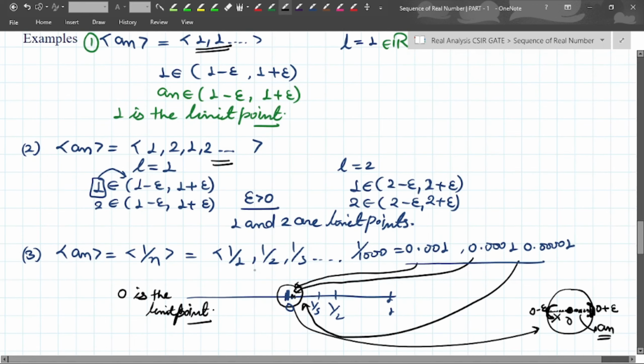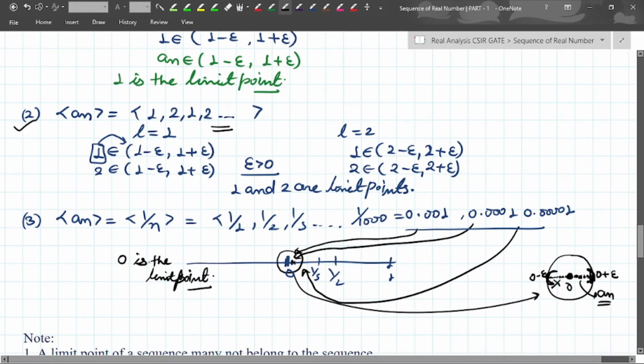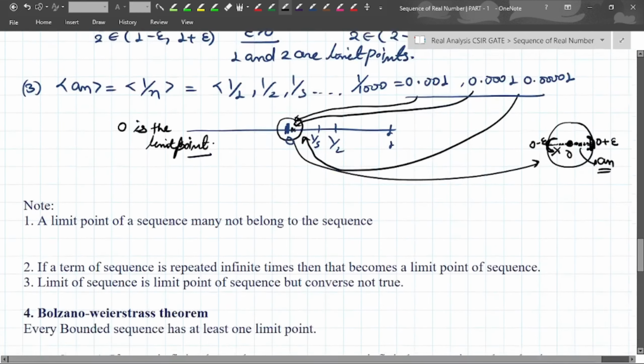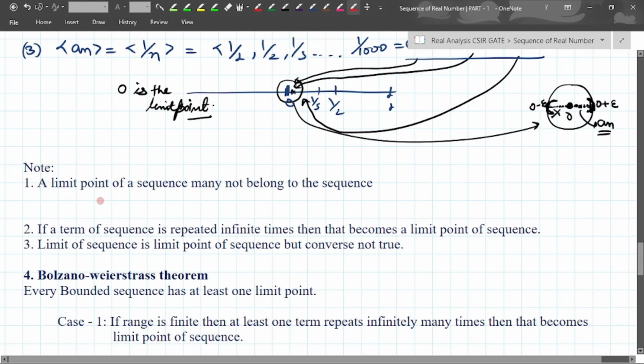So we have observed three things. One thing is that if a term is repeated infinitely many times, then that will be a limit point. Second, limit point may be more than 1. Next, it is not necessary that the limit point belongs to the sequence itself. So a limit point of a sequence may or may not belong to the sequence.